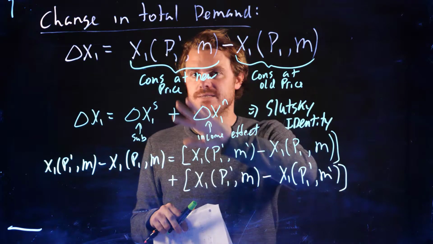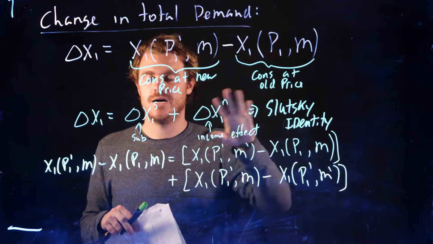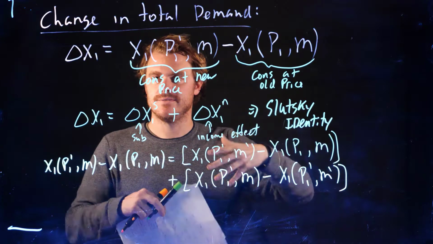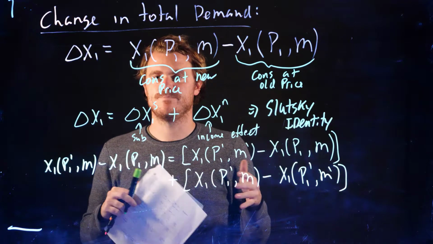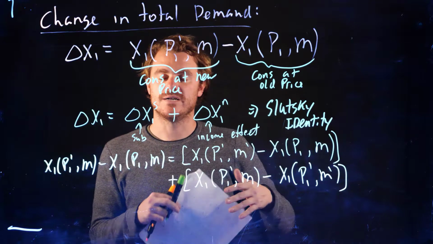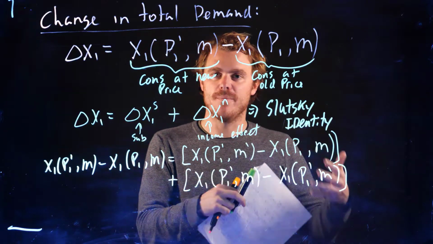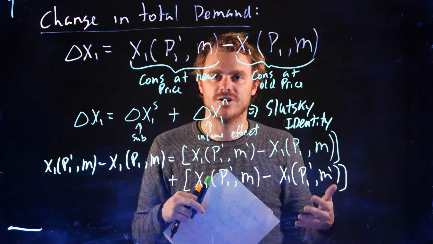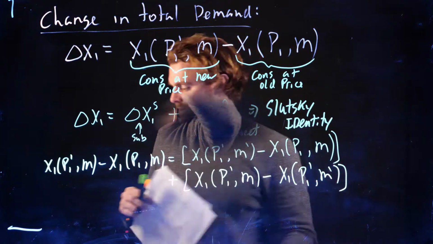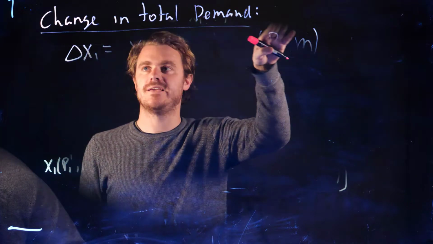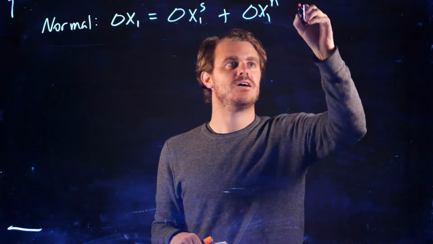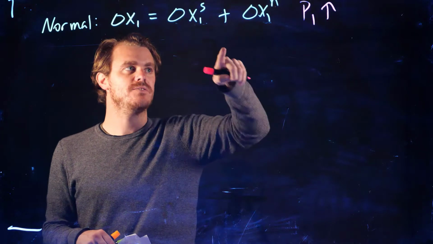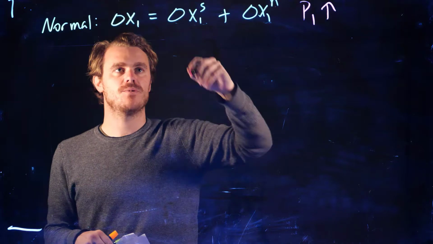So let's erase this and talk about these two cases, and then specifically talk about this extreme example where the income effect is dominating the substitution effect, and we have an inferior good, so we're going to get that Giffen good that we've talked about a few times. Identity here, and let's talk about a normal good, and let's imagine the price of good one is going up.